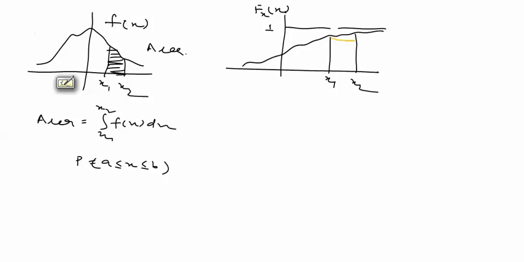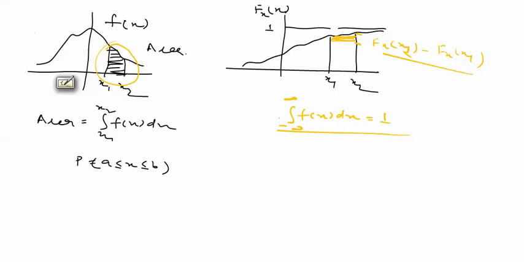The PDF area is converted into the CDF in this way: F_X(x2) minus F_X(x1). This is x2, this is x1. The difference between these two points is the probability. The area covered by the PDF graph is always 1. For the CDF, at infinity it is 1, and at minus infinity it is 0.